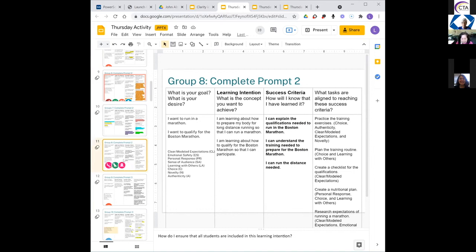And then the research expectation one said it's a clear or modeled expectation, emotional safety and choice. So they have to know what's happening. So it's a clear expectation of what they need to do.